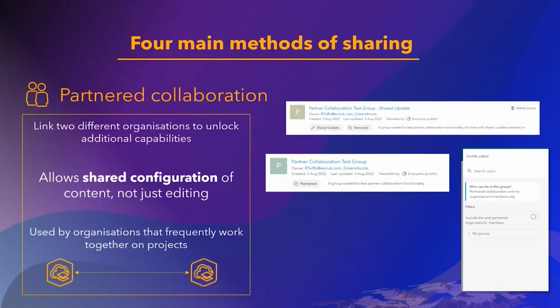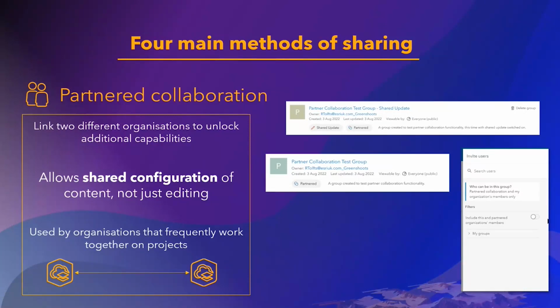Partner collaboration is when two different ArcGIS Online organizations link, allowing closer collaboration. Some features include quicker adding of partner organization members to groups and seeing their organization from within the group members list. Most importantly, it allows shared configuration of apps, which can take place in groups set up by a collaboration coordinator called shared update groups.